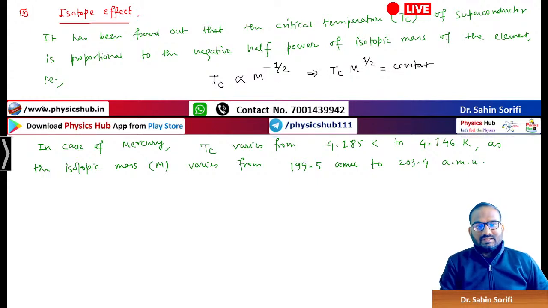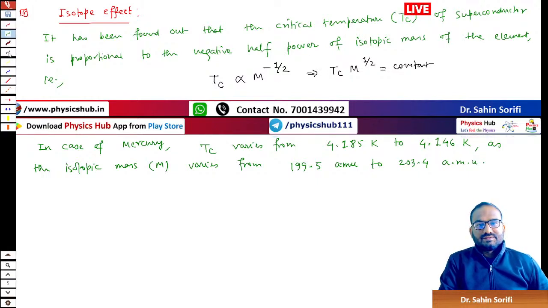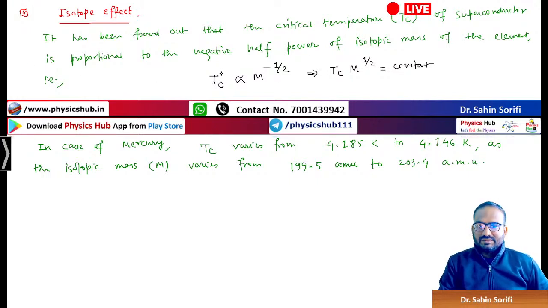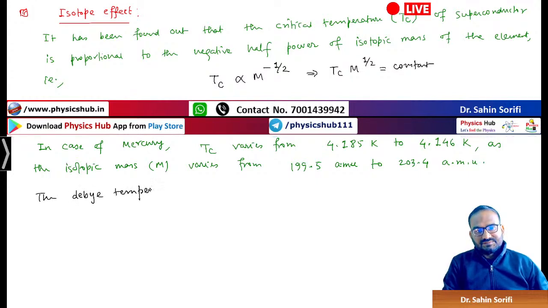On the other hand, the Debye temperature is proportional to m to the power minus half. The Debye temperature we have already talked about in lattice specific heat.